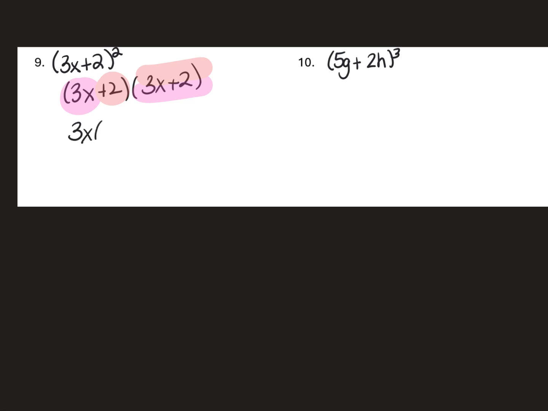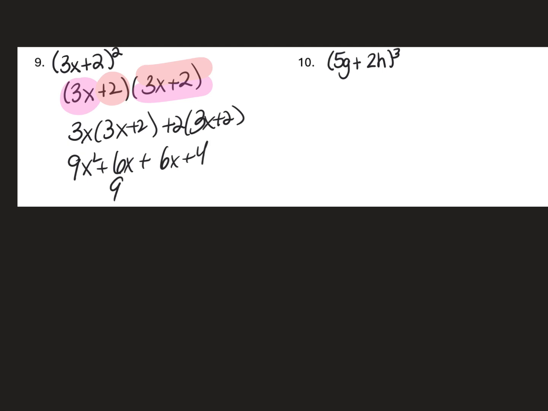And we get 9x squared plus 6x plus 6x plus 4. And we get 9x squared plus 12x plus 4 is the answer to that one.